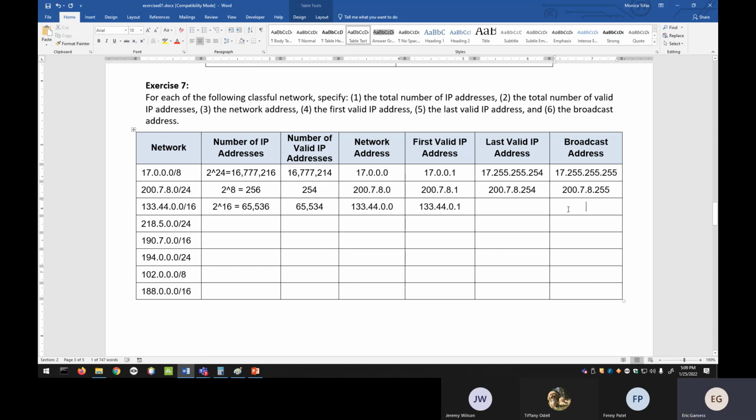Now, the broadcast address starts with 133.44. The remaining 16 bits, if I want the broadcast address, what should I do with them? All to 1.